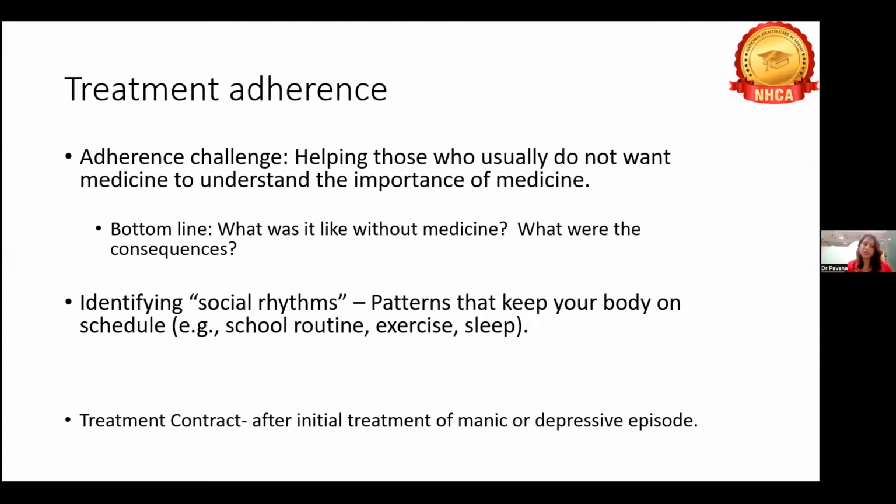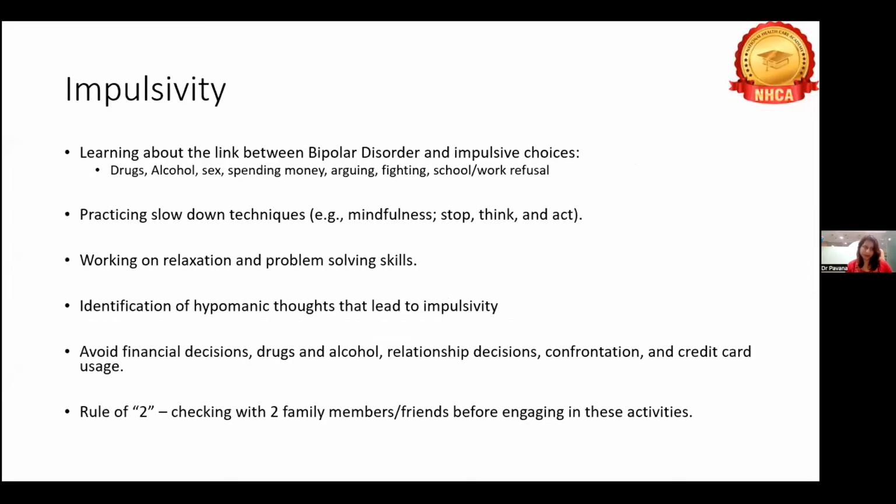Then identifying social rhythm, that is biological, social, and occupational. These are the three entities which we need to emphasize. In biological, it is sleep and appetite. Social is interaction with people, his daily routine. Occupational is whether he is attending his job or not.